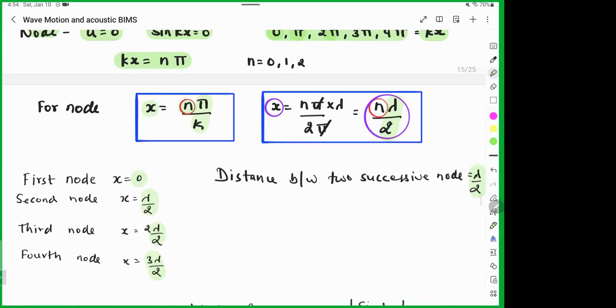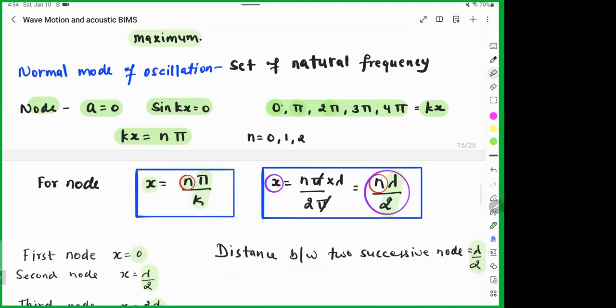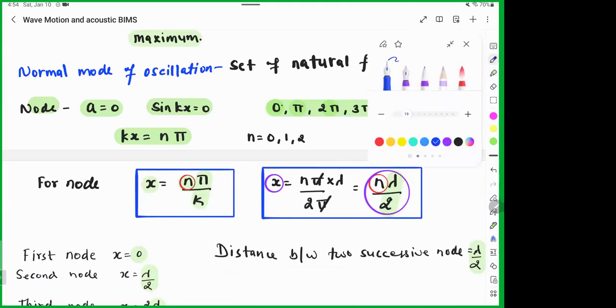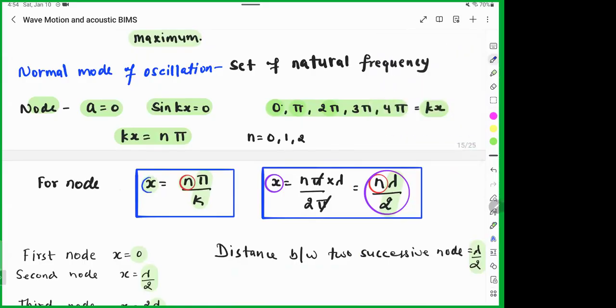So, can we calculate the x value here? n pi by k. And because we know k is equal to 2 pi by lambda, we can also calculate x, the position where the node will be zero, which will be equal to n lambda by 2.